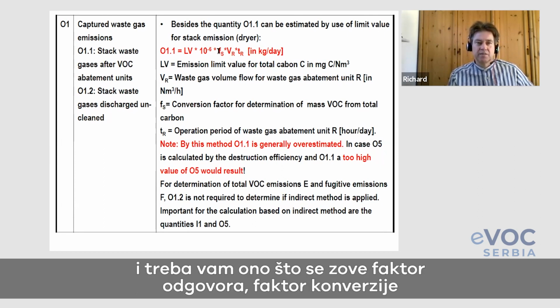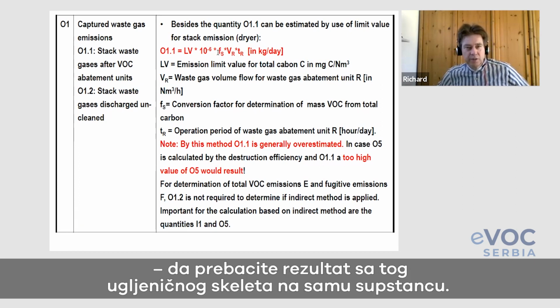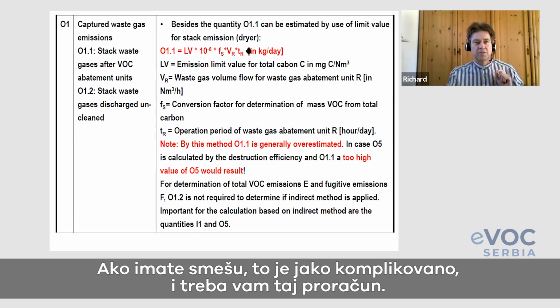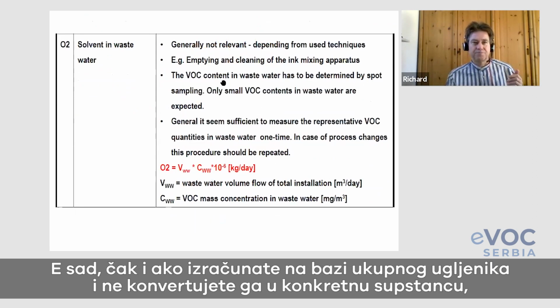And you need a conversion factor, including the so-called response factor, to convert from the carbon skeleton to the substance, to the molecule weight. If you have a mixture, it's very complicated, so you need that calculation.